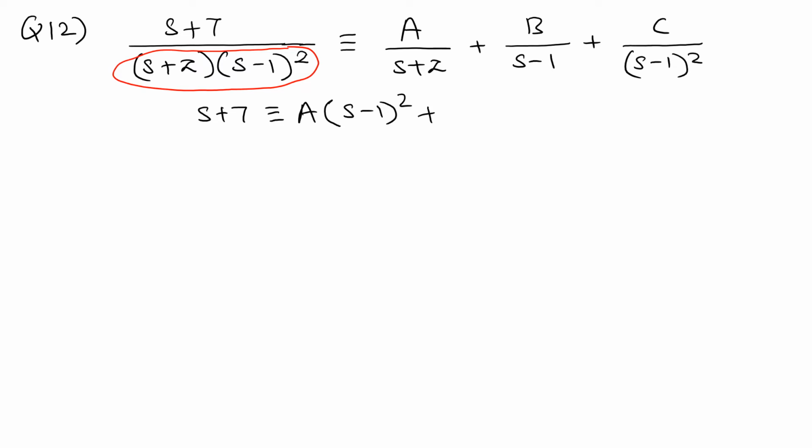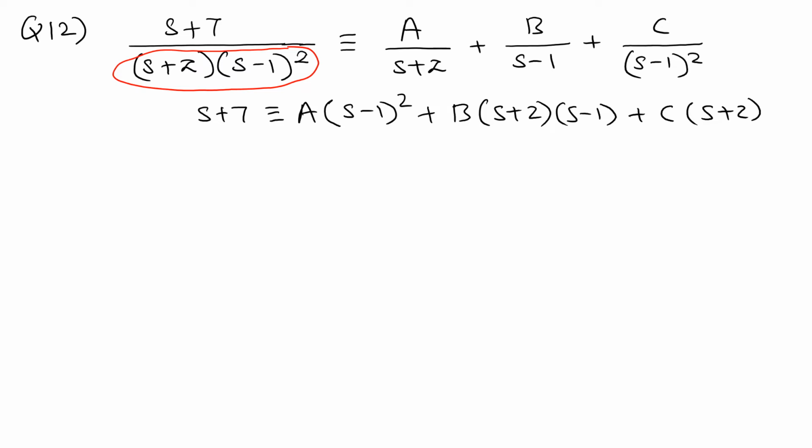For the second one, you only cancel one of the s minus 1, so you get (s plus 2) and one of the s minus 1. And for the last one, c, you cancel the whole (s minus 1) squared term, so you only get s plus 2. Okay, and then you can use substitution to find two terms, just two terms.